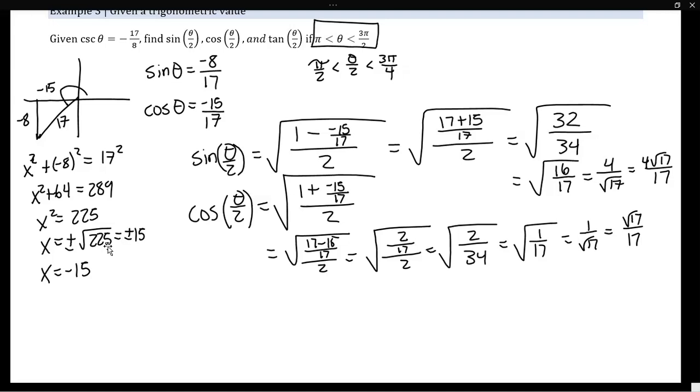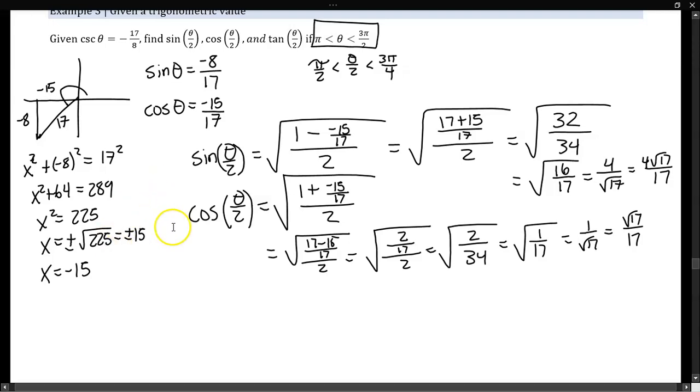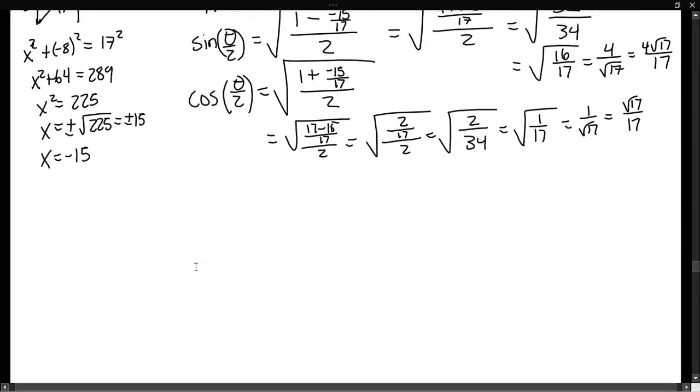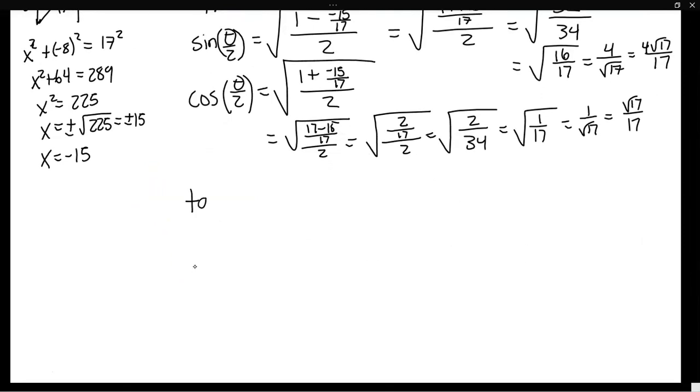And so then finally for tangent theta over 2, the tangent of theta over 2 is equal to 1 minus cosine theta, which we already know is negative 15 over 17, divided by sine theta, which was negative 8 over 17.